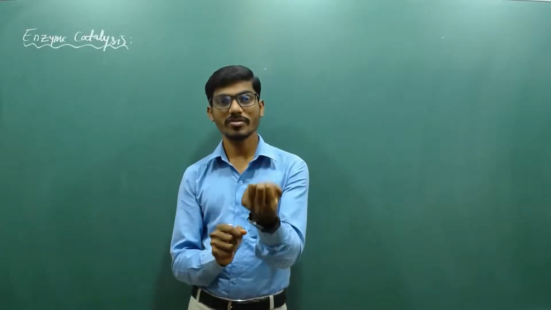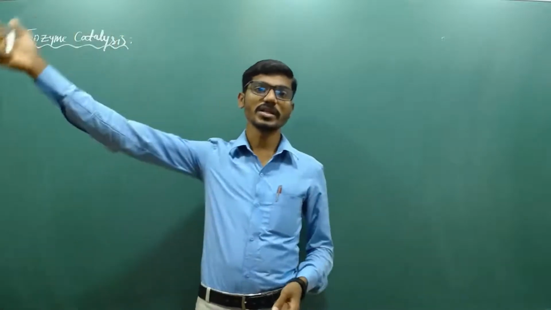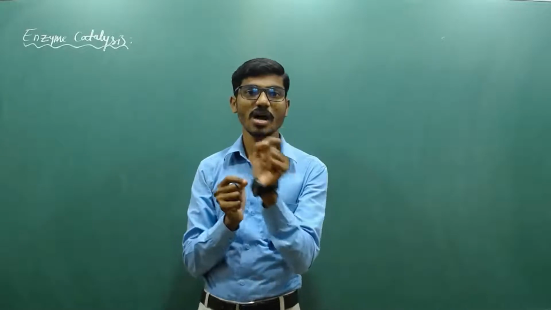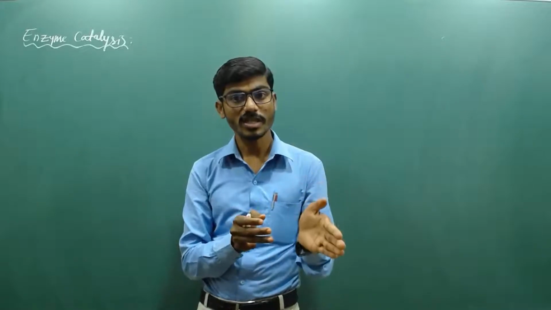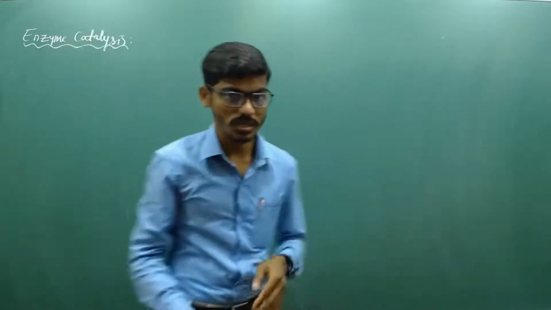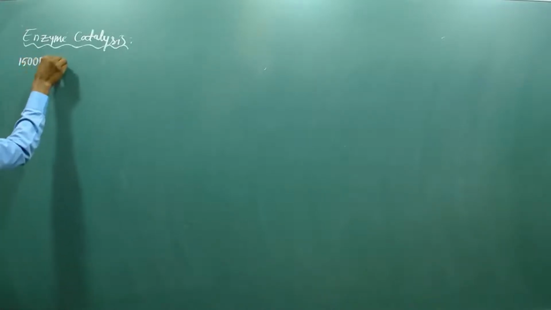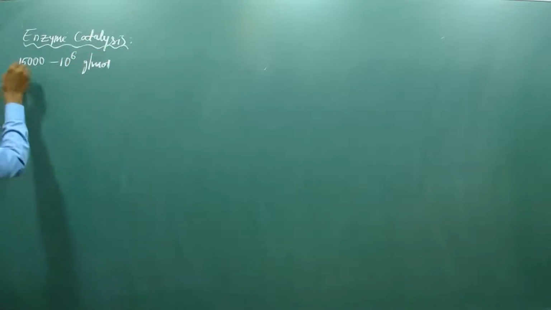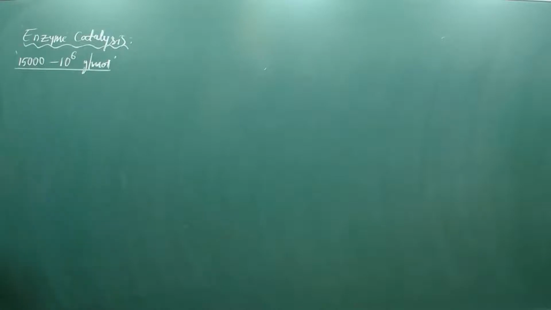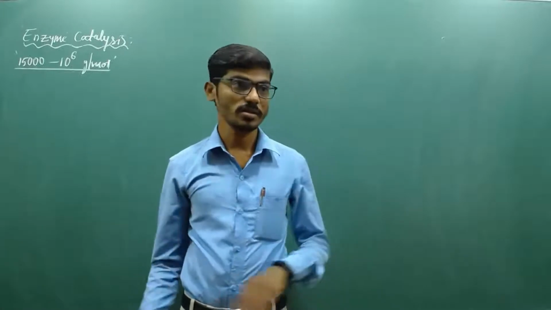The molar mass of enzymes varies from around 15,000 to 10 to the power 6 grams per mole. So they are very large, with very high molecular mass.